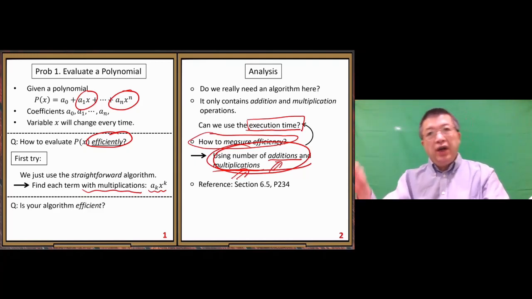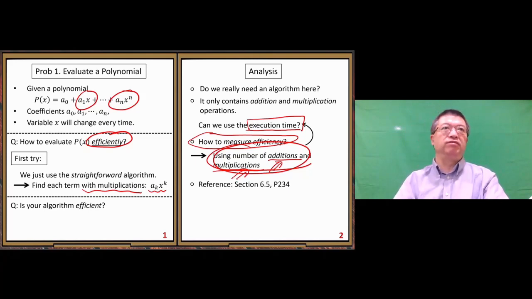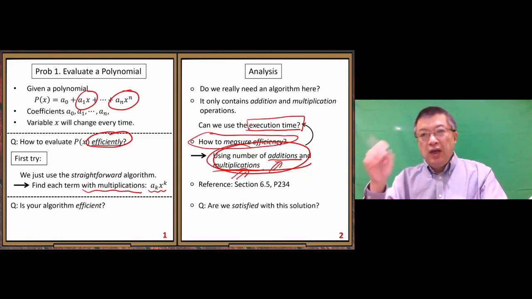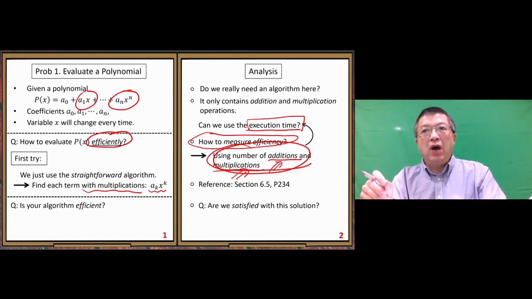Question: is your algorithm efficient? At this point, you may not have enough information. It could be too early to answer this question. If we ask whether we are satisfied with the solution, it's not easy to answer.